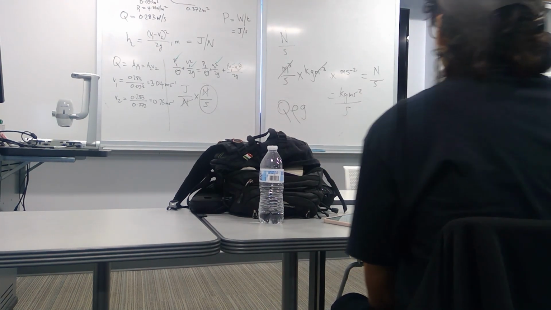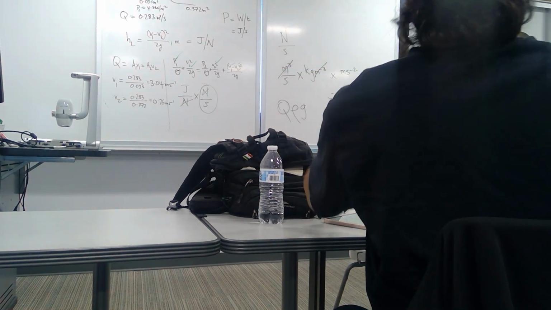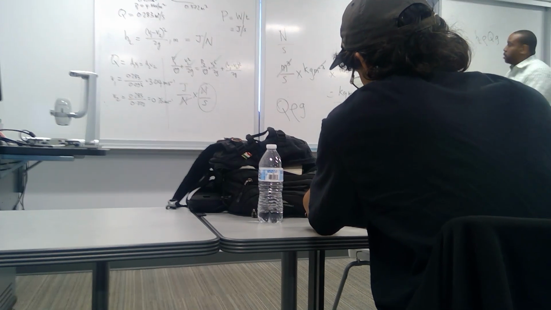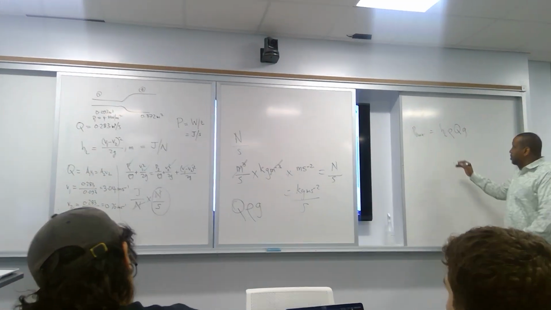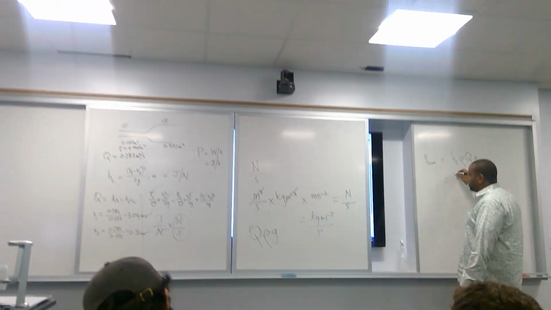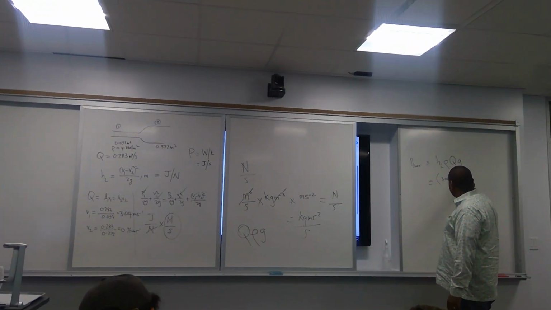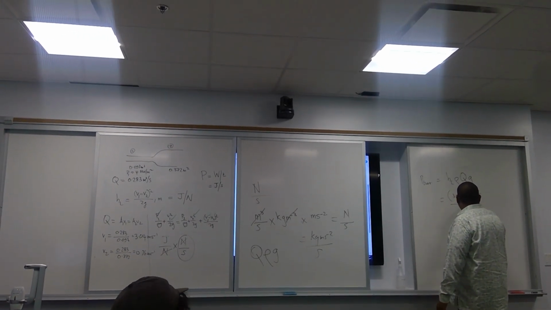So now our power is equal to HL times rho times g times Q. We can find HL, which was V1 of 3.04 minus 0.76 squared over 2g.